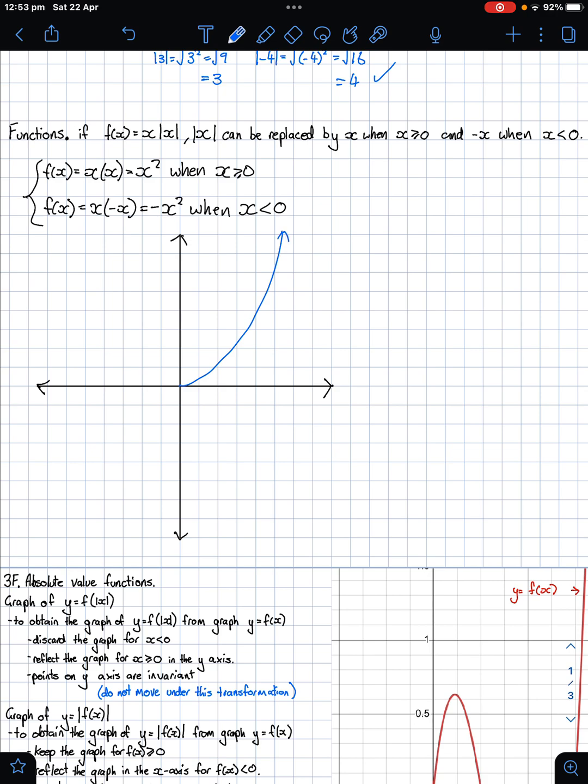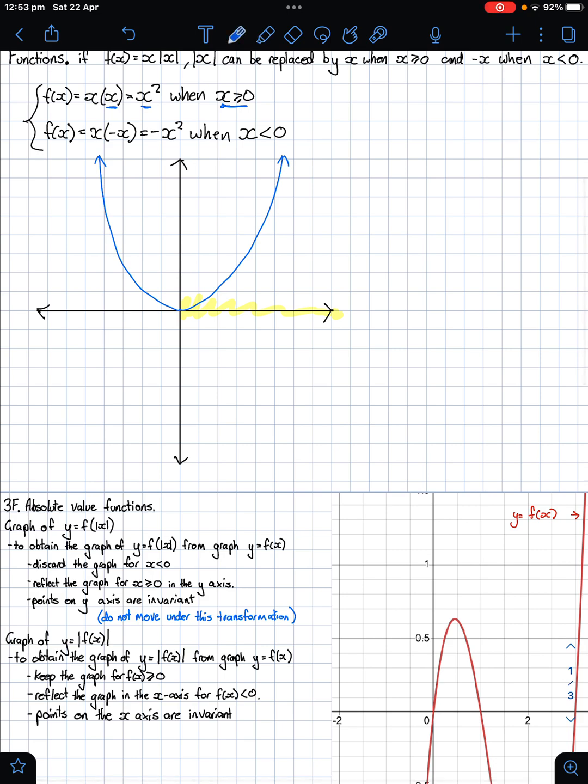It would be a parabola, which we've seen before. But you'll notice here that when x is greater than 0, I can have positive x, so I get x times x, which is x squared. Perfect. For this value over here, let me use my highlighter, that's all correct. I've graphed the function that I should have.